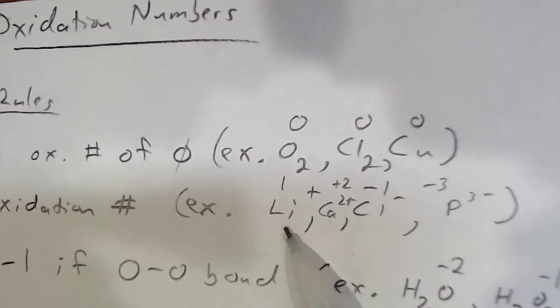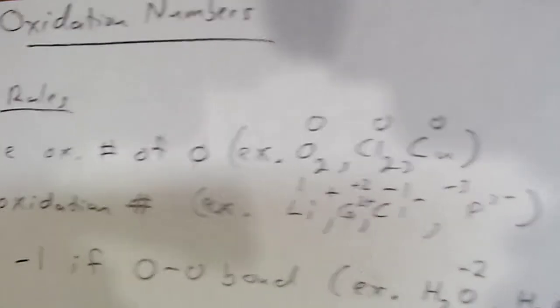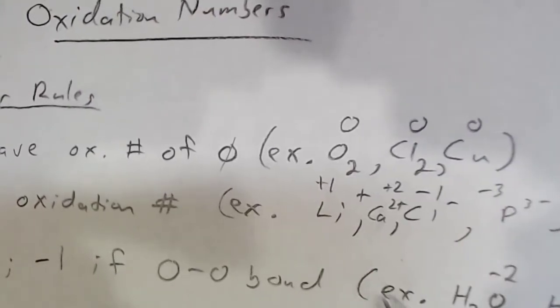So anytime there is a lithium ion floating around or stuck to some negative ion, then it has a +1 charge. You know that lithium has a +1 charge because it's in group 1A. They tend to lose 1 electron to get a noble gas configuration. And so that +1 charge leads to a +1 oxidation number.